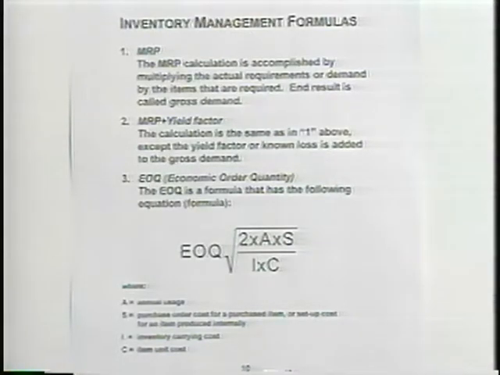I is the inventory carrying cost, which would be a percentage. And C is the item unit cost. Those data elements are all recorded on the inventory record for an item whose ordering quantity is going to be developed utilizing the EOQ application.